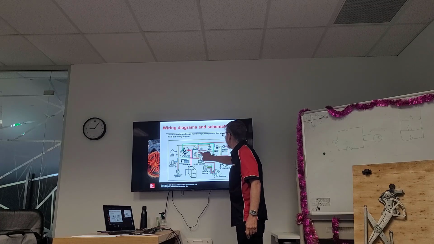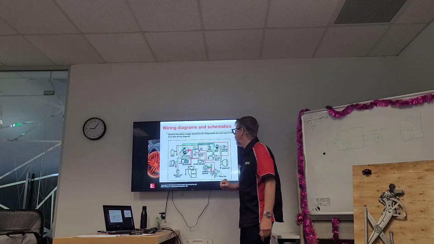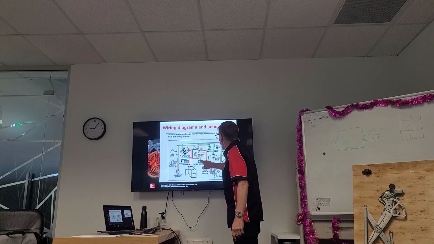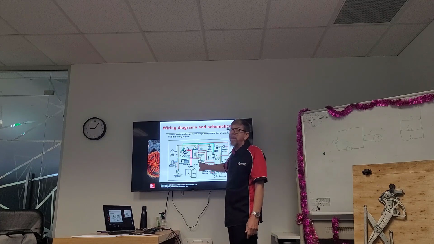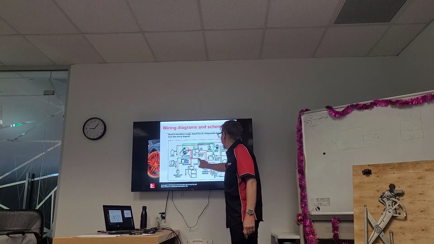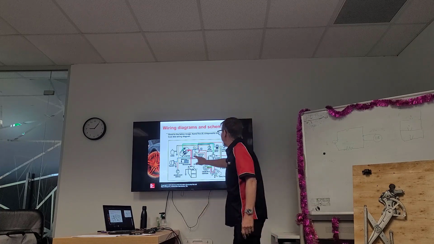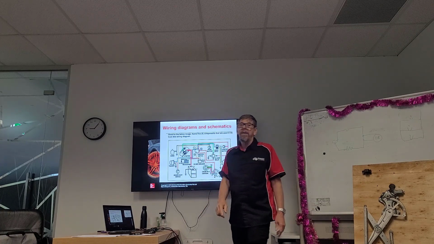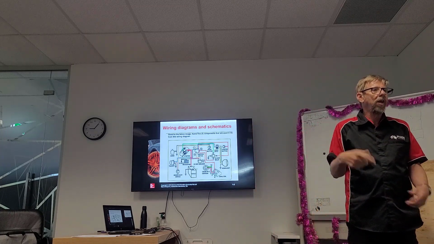What's that? Ignition switch. Then, if we come back from the ignition switch, what's that? A fuse. And where's this fuse power from? Battery. Main wire. Is that complicated? Is that hard, when you look at it like that?